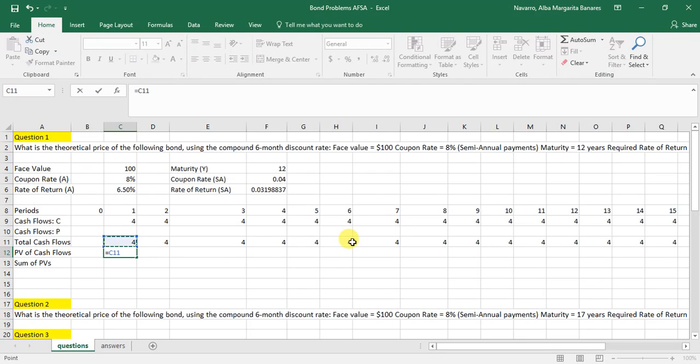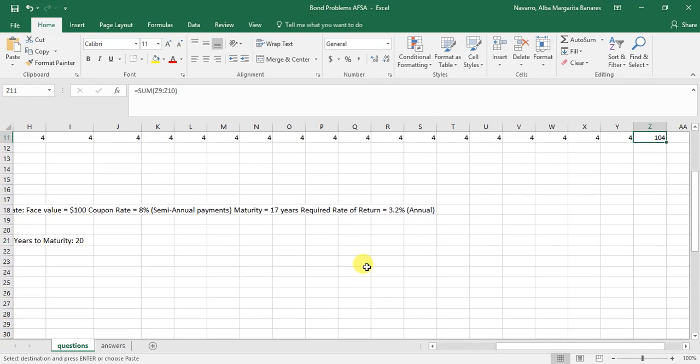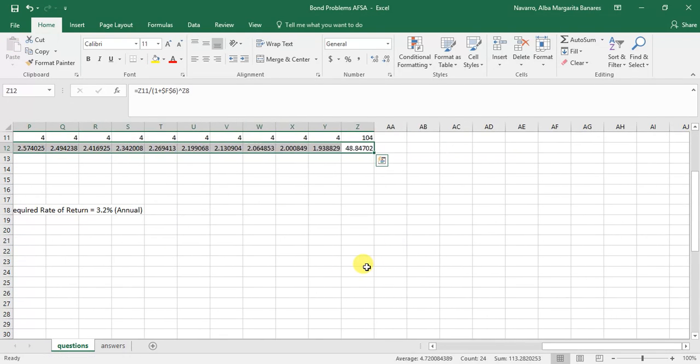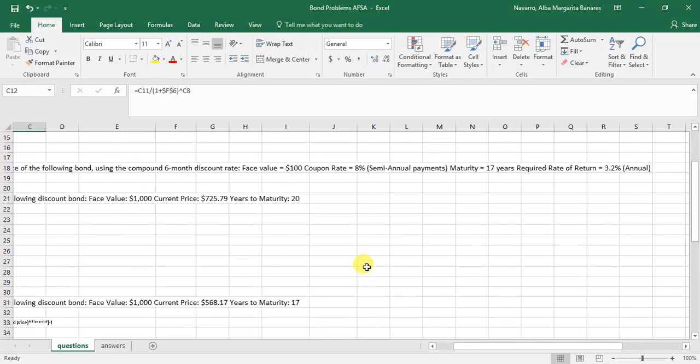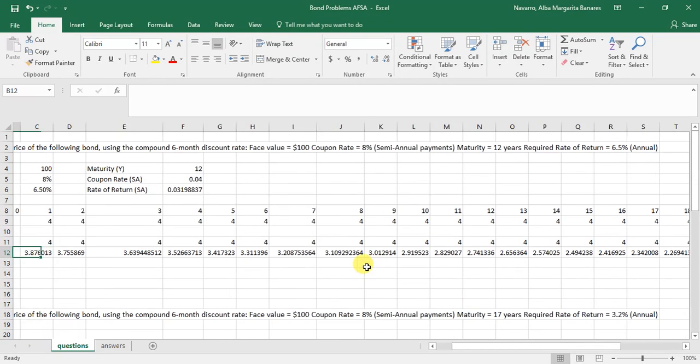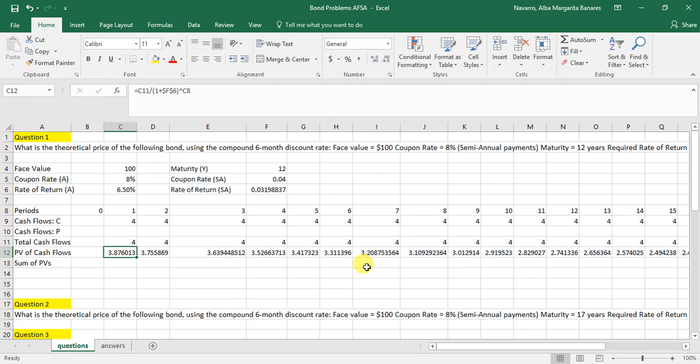So we go cash flow divided by 1 plus our, this time it's our semi-annual rate of return. Lock that in to the power of the period. And copy that formula in for the rest. Now we have all our cash flows.